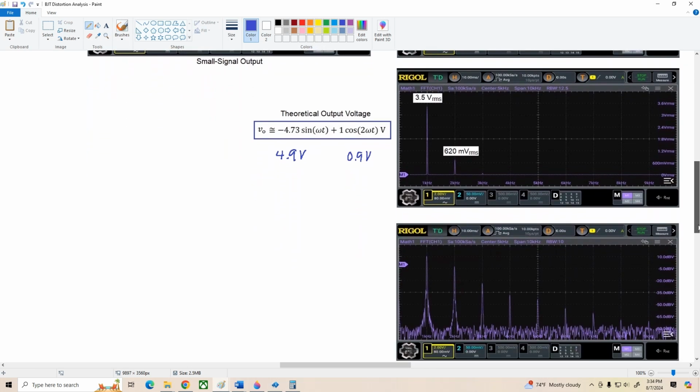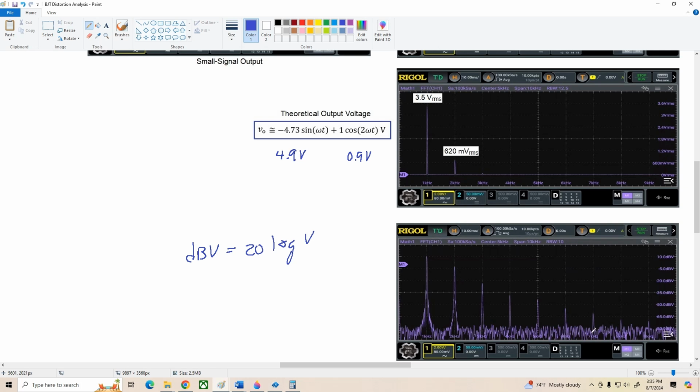What I did was switch the output to dBV instead of volts RMS, and dBV is calculated by using 20 times the log base 10 of whatever voltage we have at each frequency. So the advantage of using decibels here is that it compresses the tall peaks and expands the smaller peaks, so you can get a little bit more information squeezed into your display.